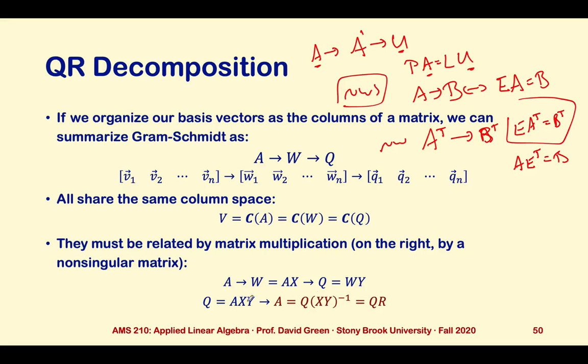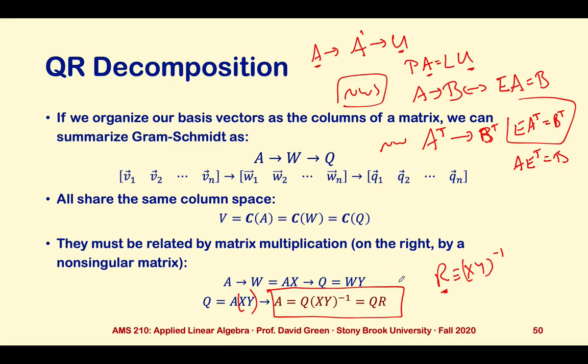That means that we can rearrange this by grouping the X and Y, multiplying both sides by XY inverse, again on the right, and this gives us that A must be equal to Q times this XY inverse. And we are going to call that matrix, that XY inverse, R. And if we do that, we get A equals QR.